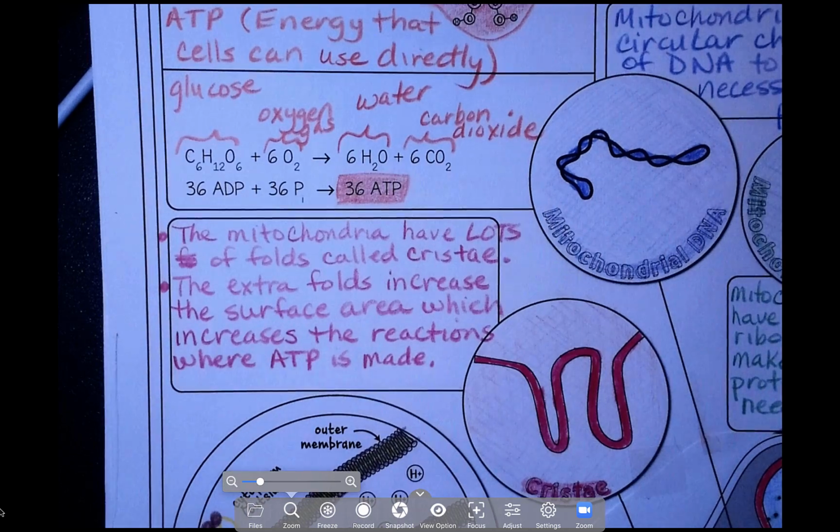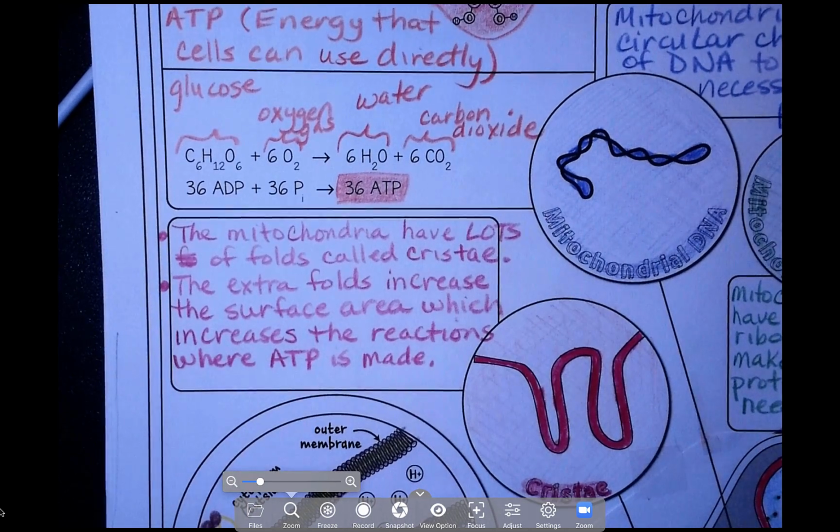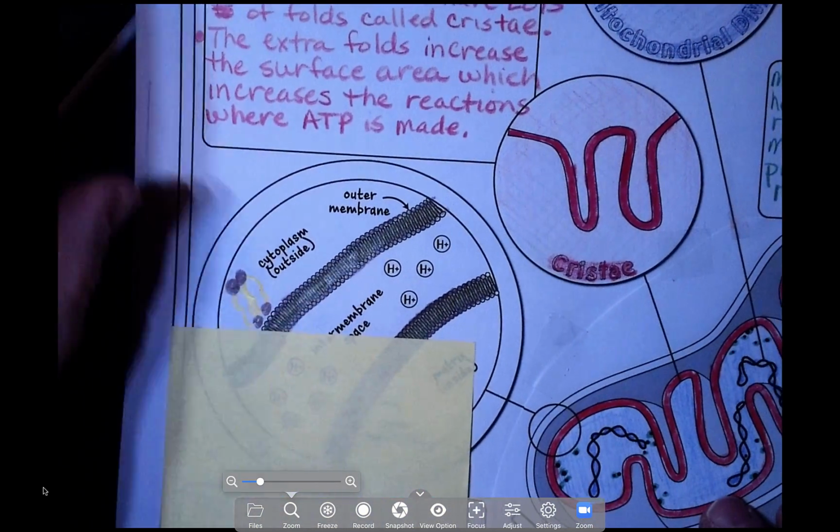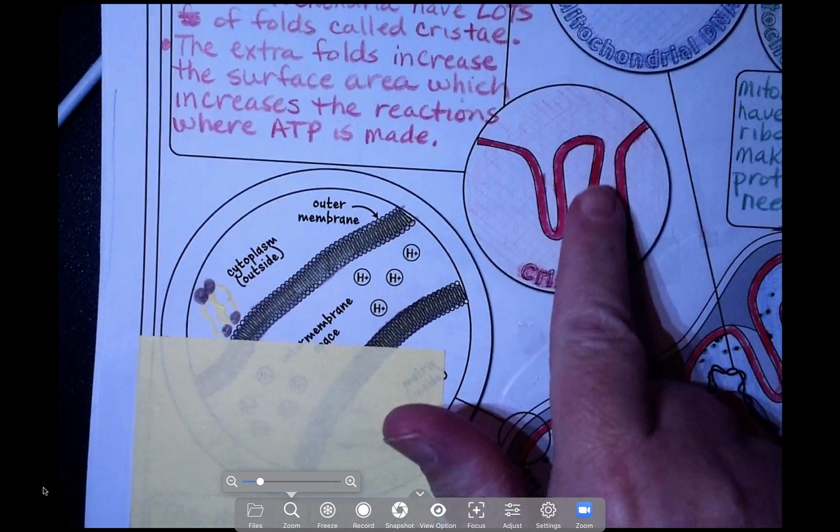Okay, so these folds are important. They're called cristae, and as I said, they're important because they increase surface area where the reactions take place in order to make the ATP from the glucose. And so here's the cristae.